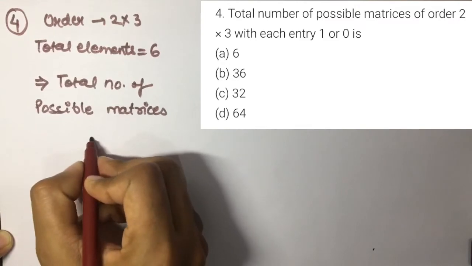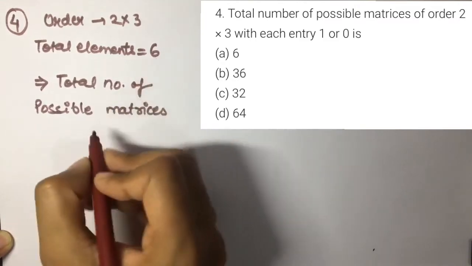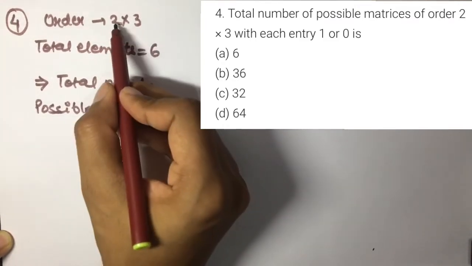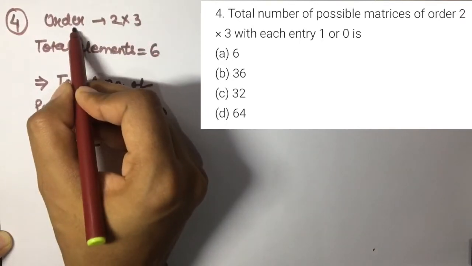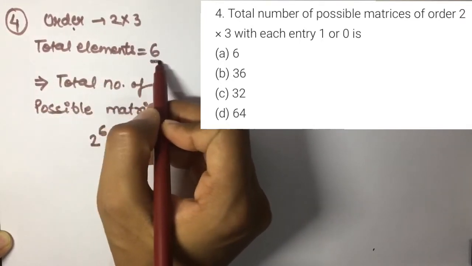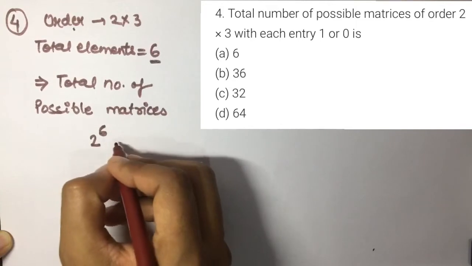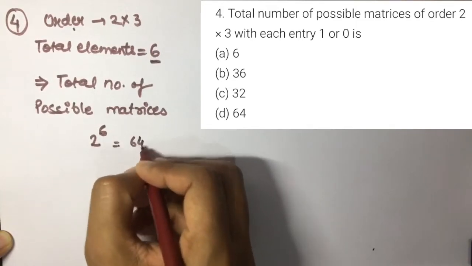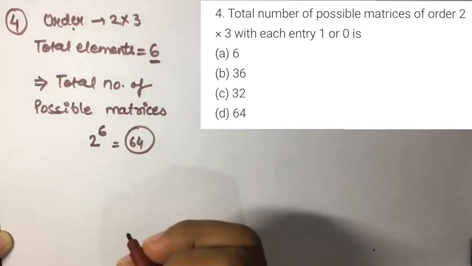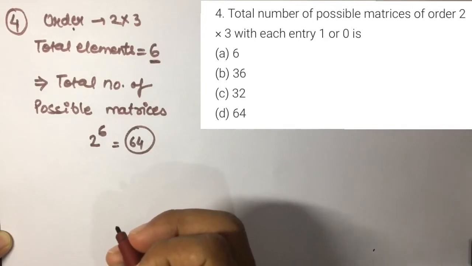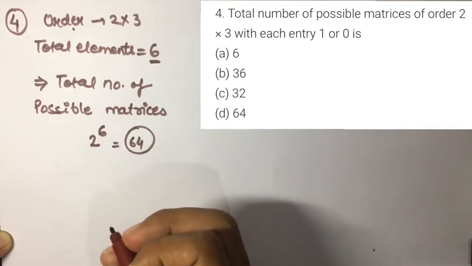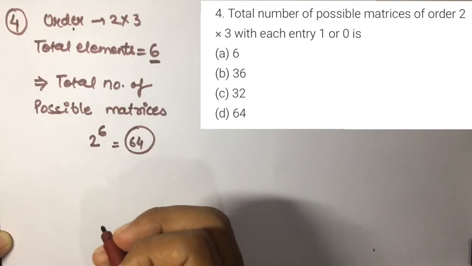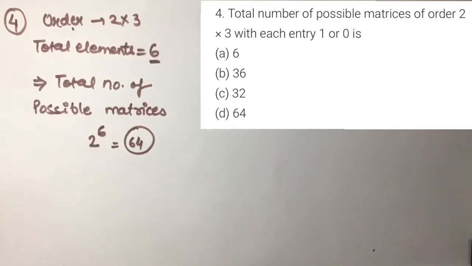That means 2 ways हैं 2 to the power 6 because 2 cross 3 is the order of the matrix. So the number of elements are 6. So 2 to the power 6, that is 64. So 64 numbers हो सकते हैं possible numbers जिसकी entries क्या क्या होंगी 1 और 0 हो सकती है. Okay, so option number D is the correct answer.